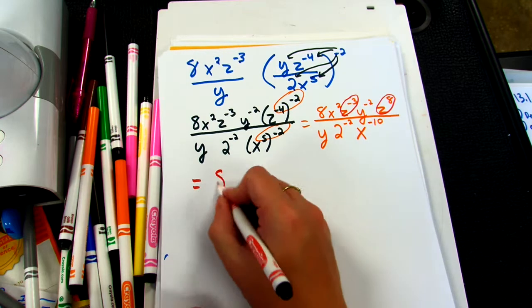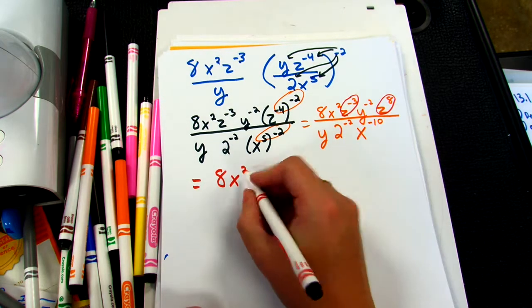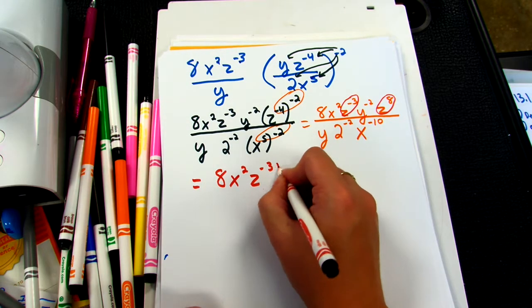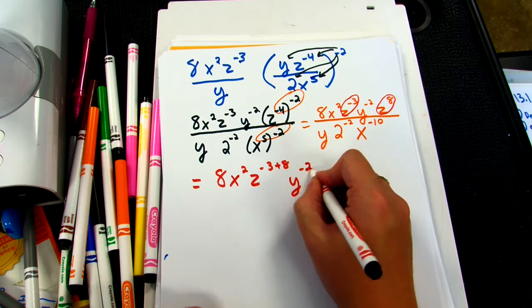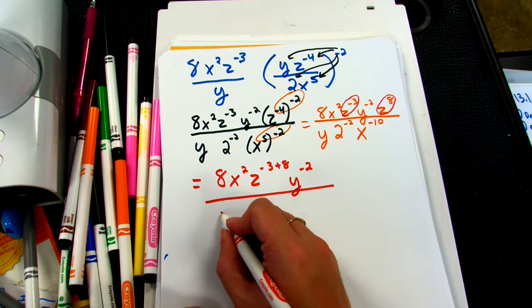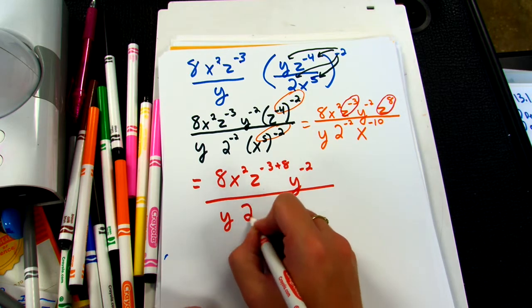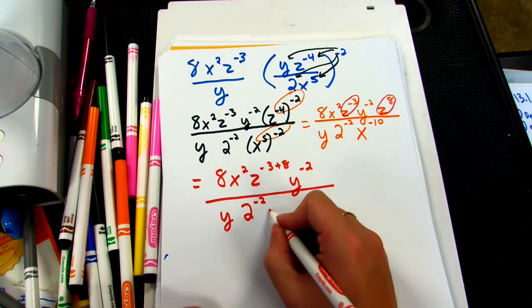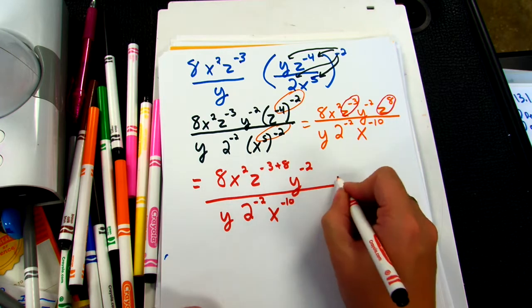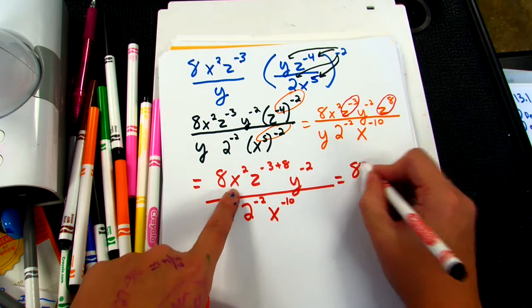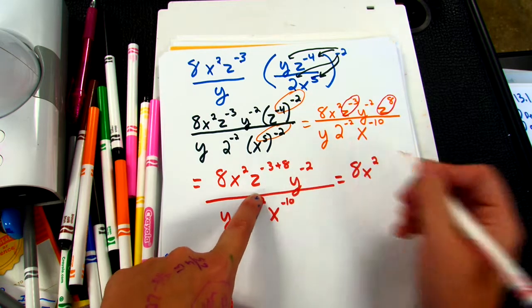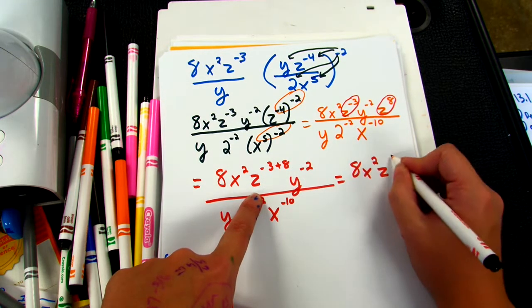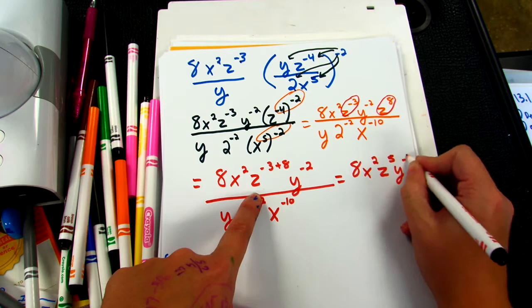So 8x squared, and this is z to the negative 3 plus 8. And then I still have y to the negative 2. All over 2 to the negative 2, x to the negative 10. All right, so this will become 8x squared. Negative 3 plus 8 is 5, so this will become z to the 5th, y to the negative 2.